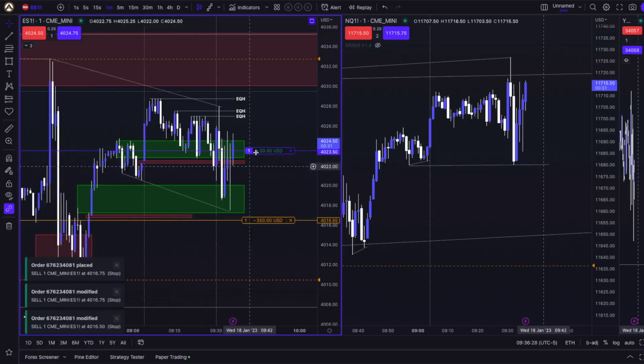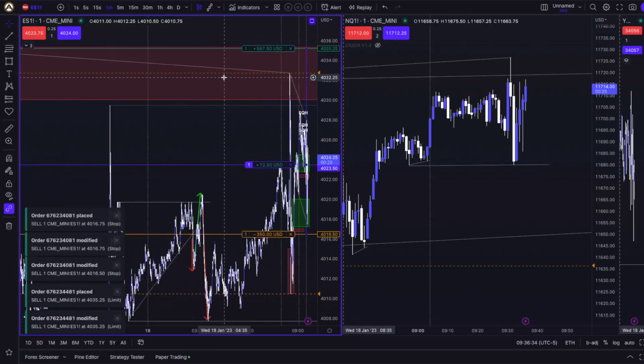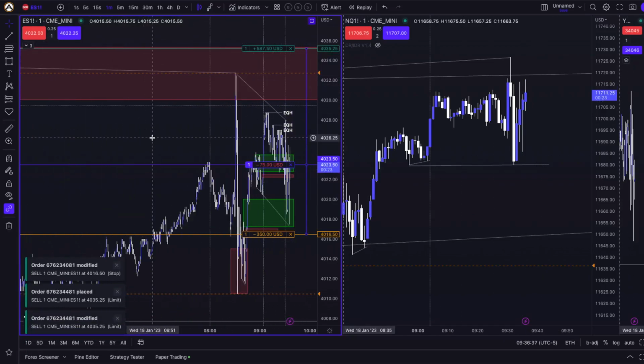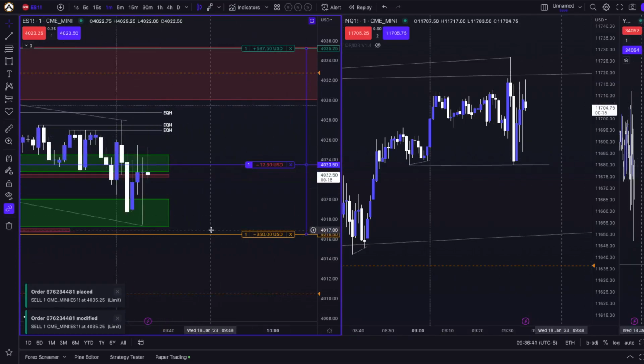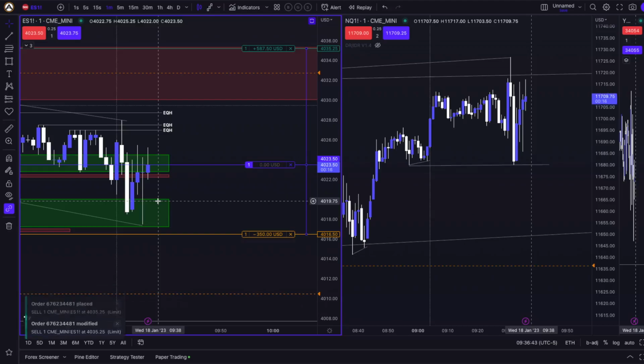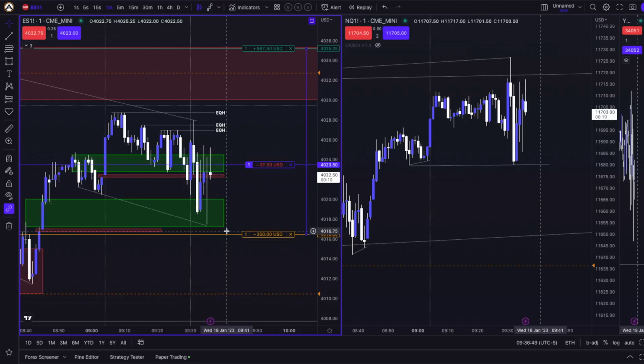Pretty wide stop loss with our overall profit target above our previous day high. Should be right around, yeah, perfect, that's matching up. Of course, those are no professional trades, not based on DR or any of the strategy rules. It's just me looking at price action, simulating a few trades.